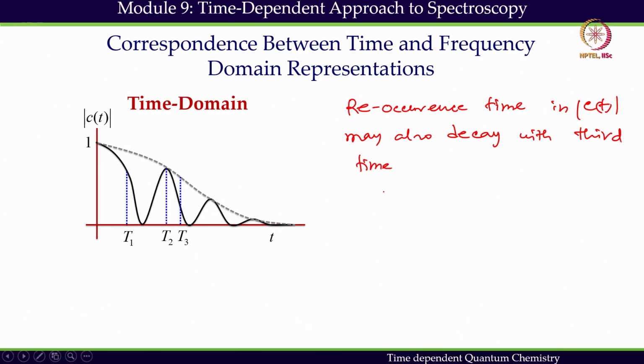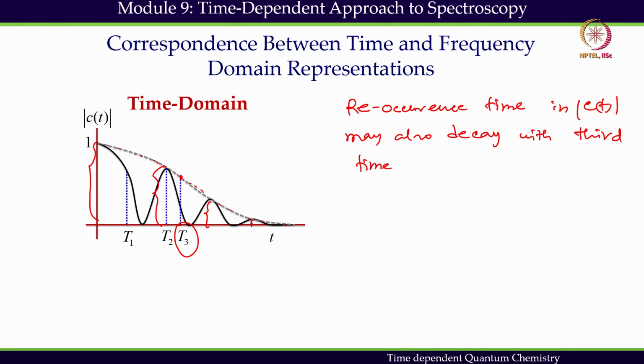These are all possibilities. It is not necessary that a quantum system has to always follow this. There is a third time scale I can have, T3, where the reoccurrence is decaying. As you can see, the first amplitude was 1, then the first reoccurrence amplitude is less, the second reoccurrence amplitude has become less, and the third reoccurrence has less amplitude. So it is slowly decaying. This reoccurrence is decaying, and this particular decay is defined by this dotted line, and this decay will have a characteristic time scale, and this characteristic time scale I can call T3.